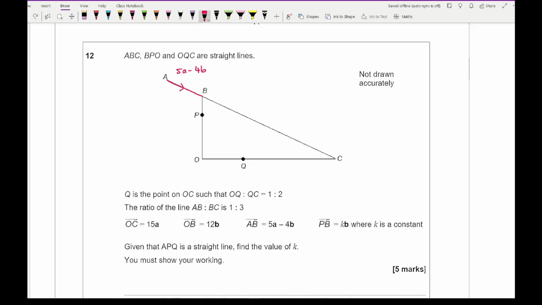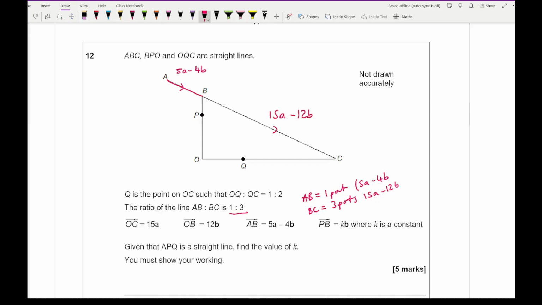Now using this ratio here, that A to B is one part, and that's 5A minus 4B, and B to C is 3 parts, so therefore it's going to be 15A minus 12B. So this length here is 15A minus 12B.